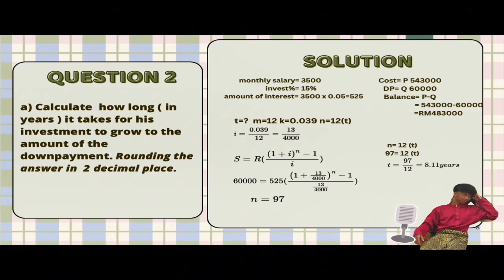Then we find n equals 97, and we use n equals mt to find the years. 97 equals 12t, so t equals 97 over 12 and the answer is 8.11 years.